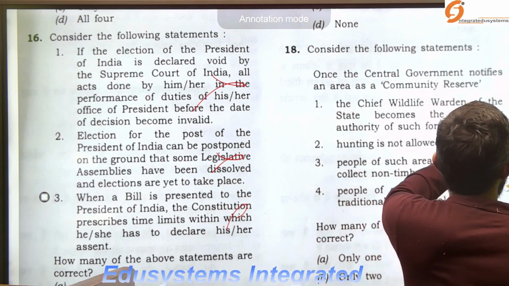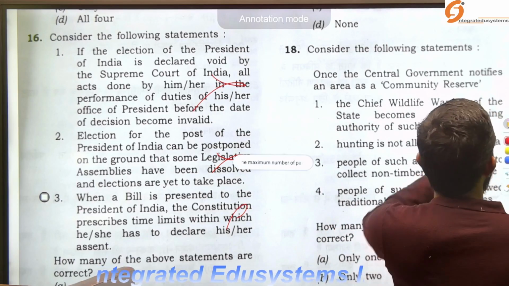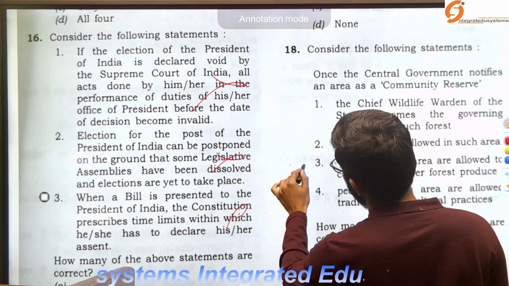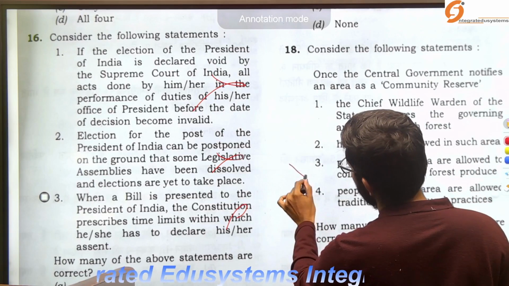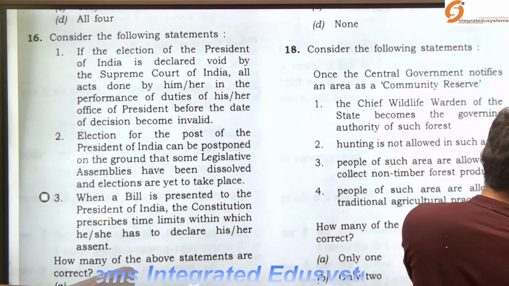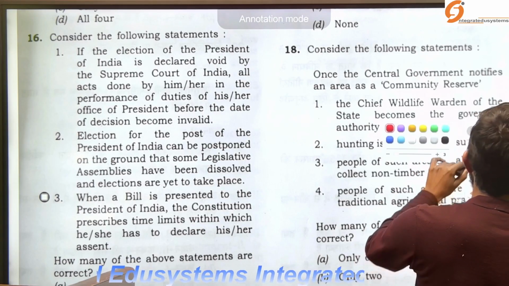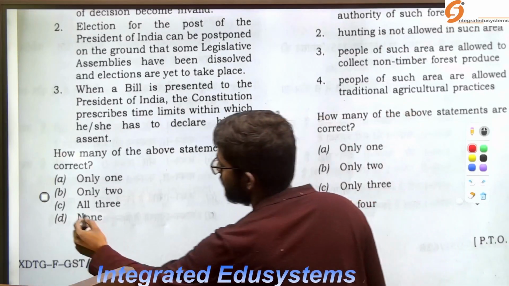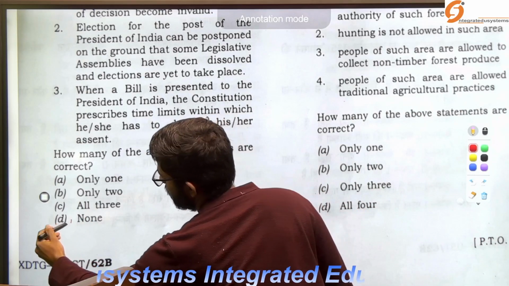So here the answer is none. See how elimination is not working over here.